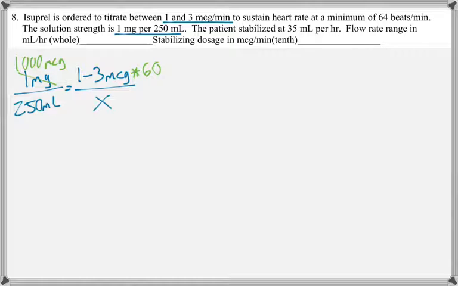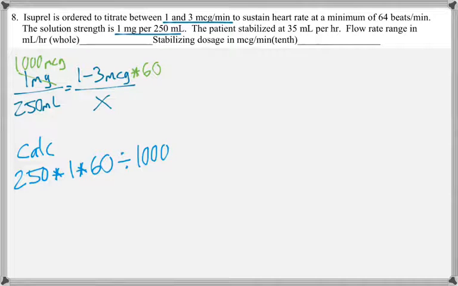So on the calculator, I'm going to type 250 times 1 times 60 divided by 1,000, and then 250 times 3 times 60 divided by 1,000.